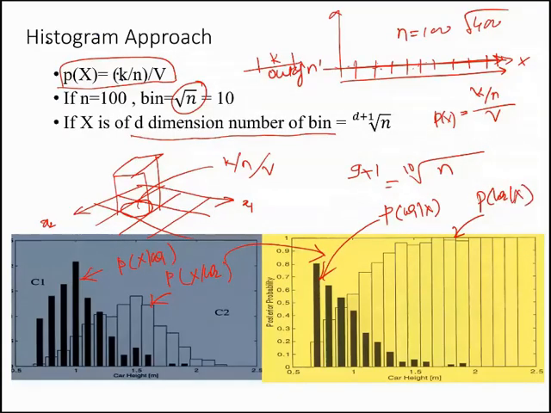So this was covered in earlier classes. You may go to the previous slides or lectures and just check this thing. Very early classes. Okay, so this was the approach of histogram.